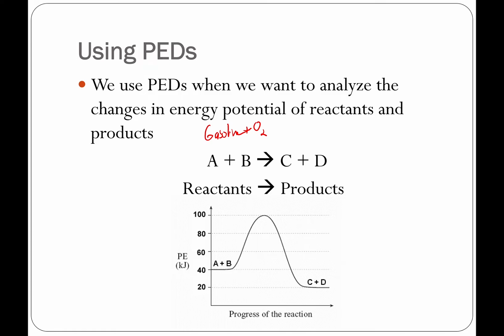A lot of potential in there, a lot of heat that can be released through a combustion reaction, and that reaction produces products like CO2 and water. The carbon dioxide and water products have a different potential than the gasoline and oxygen that initially went into the reaction. We can monitor this and look at the changes using a potential energy diagram.